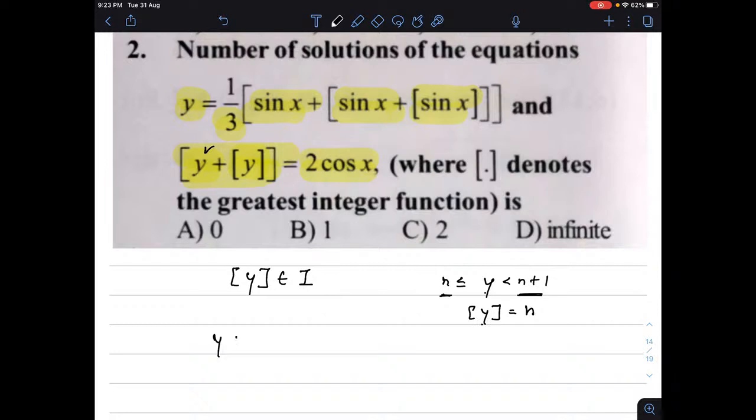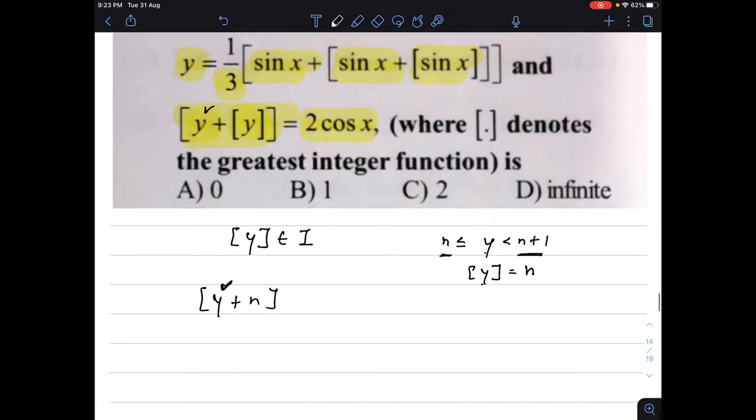So what is written over here? y plus n, and we take its greatest integer function. That is greater than or equal to n and less than n plus 1, and we are adding n in this interval because this is y.